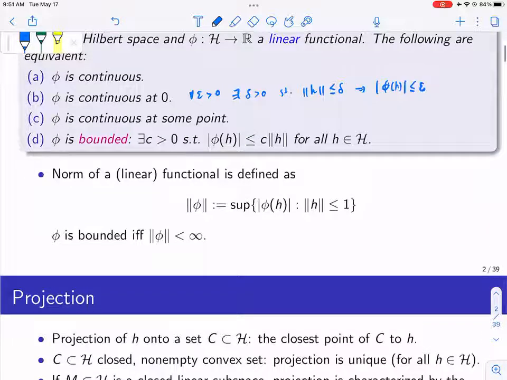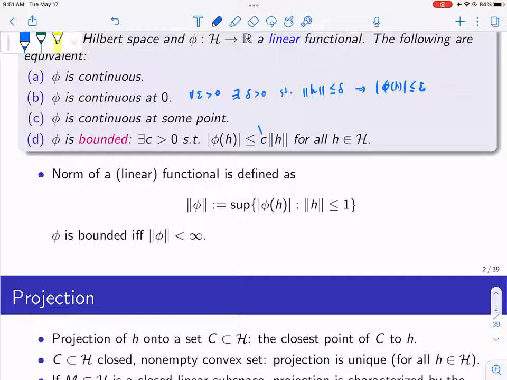We can also define the norm of a linear functional as the supremum of these values as h varies in the Hilbert space and the norm of h is bounded by 1. Another way of saying it is that it's the smallest c that satisfies this. And so this norm conveniently is finite if and only if phi is bounded. That's really easy to see.